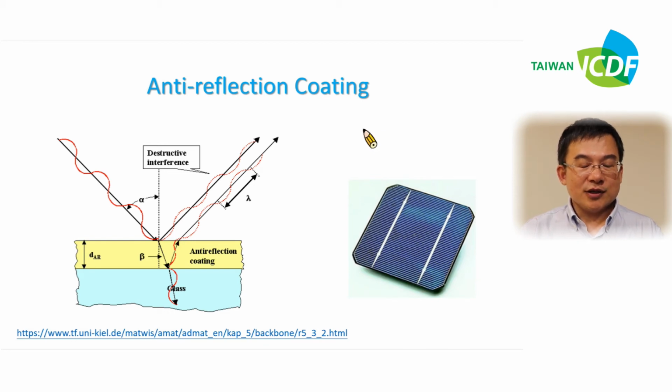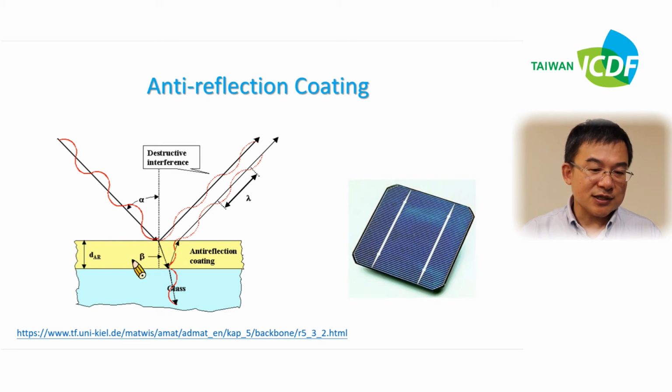The second one, we can use the anti-reflection coating to improve the efficiency of the solar cell. This picture will show you the origin of the anti-reflection. This is the incident light and the reflection light. We see these two reflection lights have a path difference.